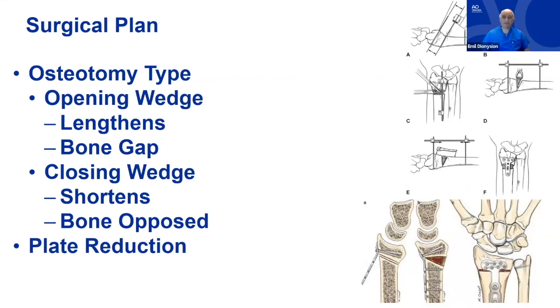And then there's this concept of closing wedge osteotomy, which allows quicker healing of the bone, but it does shorten the skeleton somewhat. And also the question is how to reduce it. Sometimes we may use a distractor dorsally, or use the plate itself as a jack to correct the malunion, using the plate as in the lower picture.